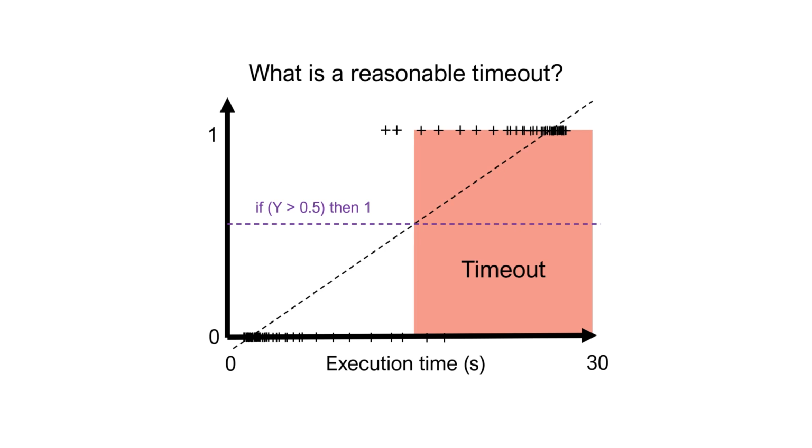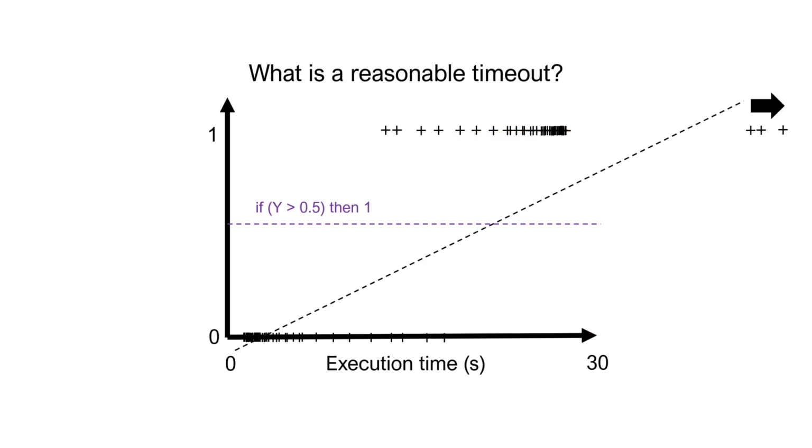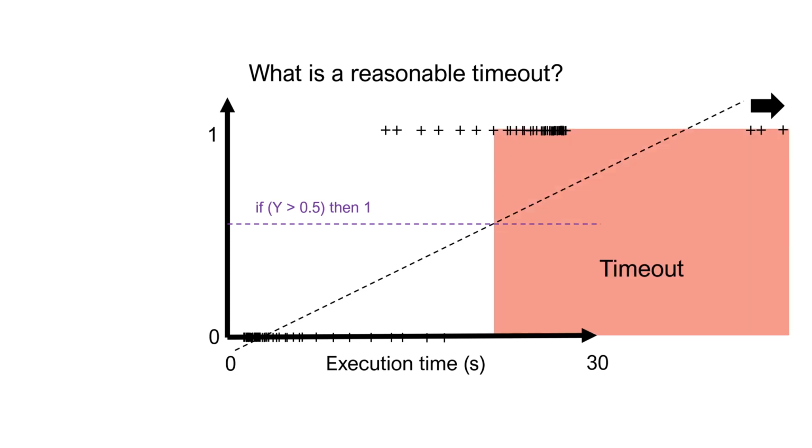However, there is a big drawback with this approach, and that's it's not at all a robust model. If you have a few outliers, some data points over here, then your linear regression model would try to compensate for that and instead lean like this. And that would mean that you would have a timeout for these executions instead.